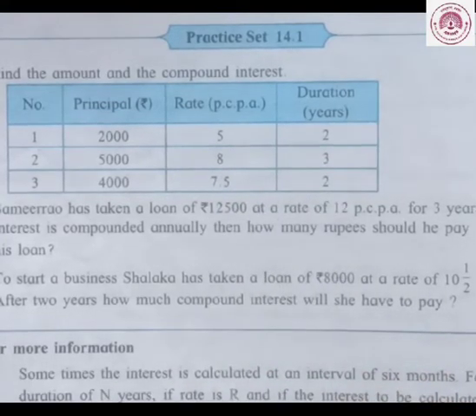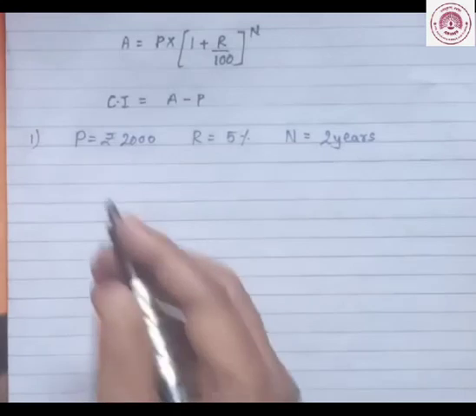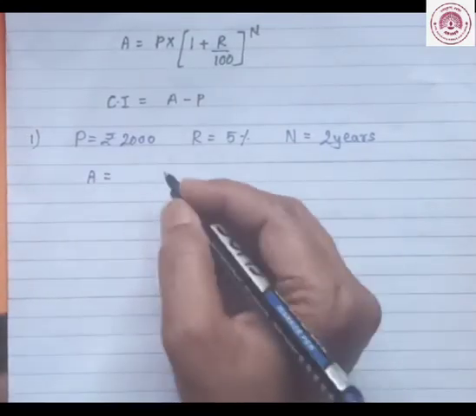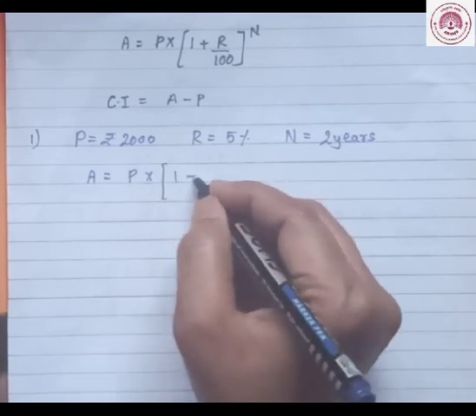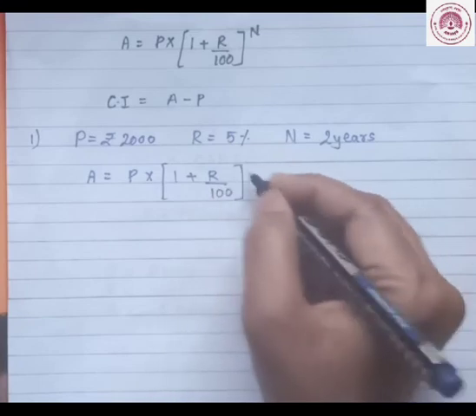So let's find out the amount and the compound interest. We have written the given. Now we'll write down the formula first. Formula is A equals P multiplied by 1 plus R upon 100 raised to power n.